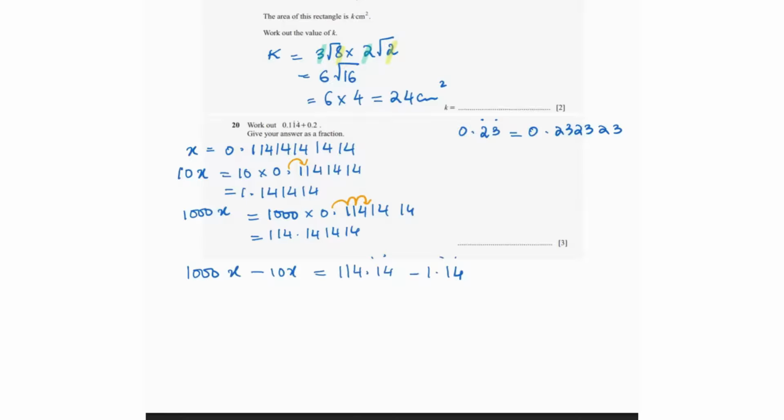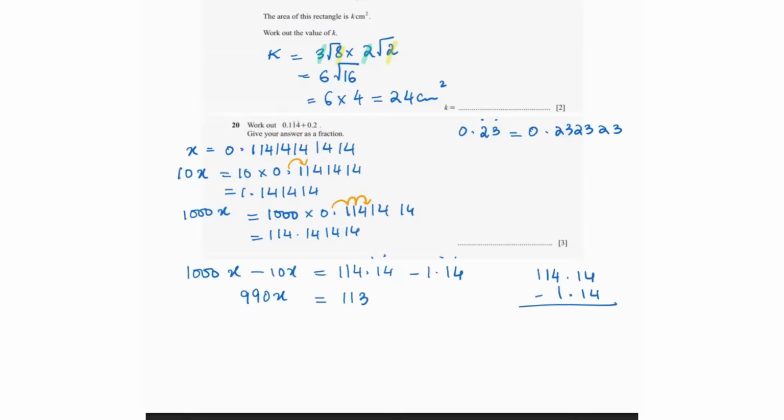So 1000x minus 10x is 990x and 114.14 minus 1.14 recurring is 113. Okay, so when you talk about subtracting decimals, you have to make sure that the decimals are aligned. The decimal needs to come underneath the decimal in addition and subtraction. If it doesn't, your answer will be incorrect.